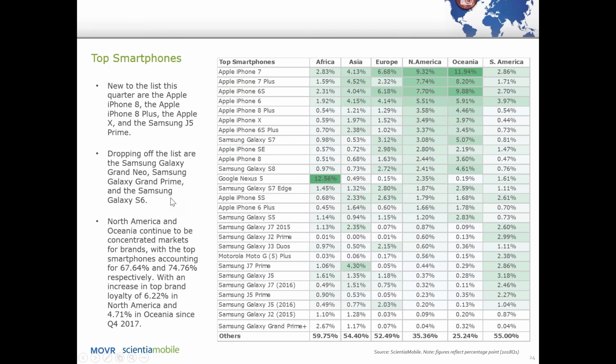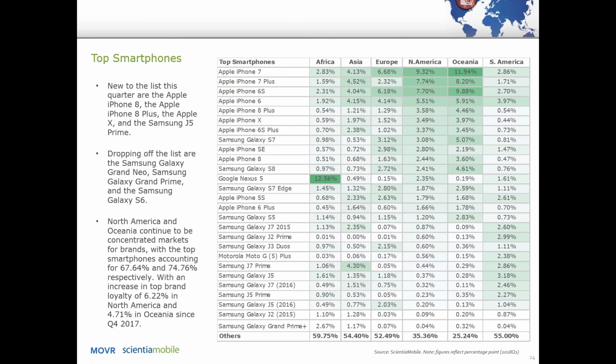Another interesting thing is just the general concentration of various markets across the world. North America and Oceania continue to be some of the most concentrated markets, with 67% of the U.S. market made up of these top devices. So people, even though there's hundreds, thousands of devices out there in the market to choose from, a huge percentage of people are going with what I'll call the blockbuster phones.